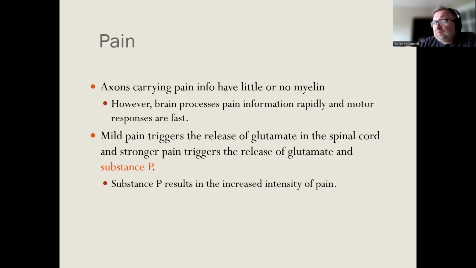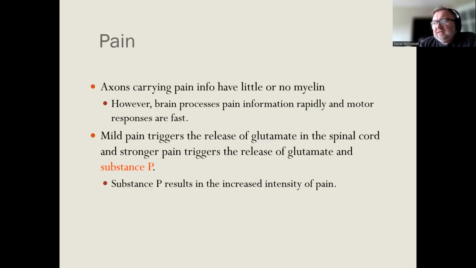Let's talk about how it works here. In the spine, a pain stimulus triggers the release of a neurotransmitter called glutamate, right? But it's a function of the strength of the pain. So increasing the amount of pain increases the amount of glutamate that's released.